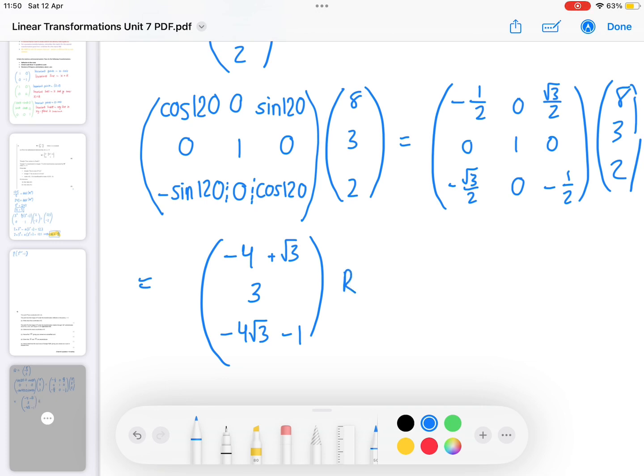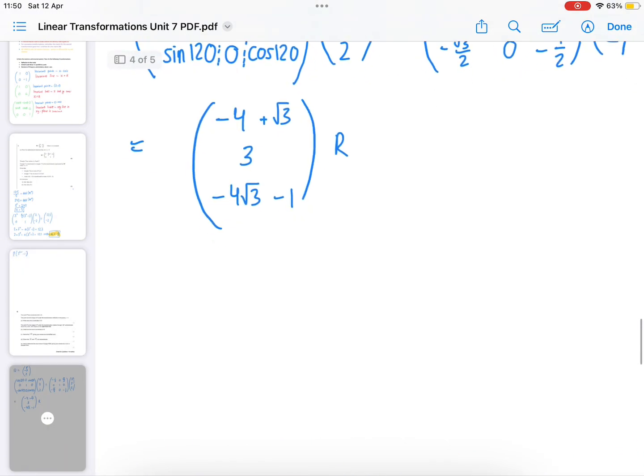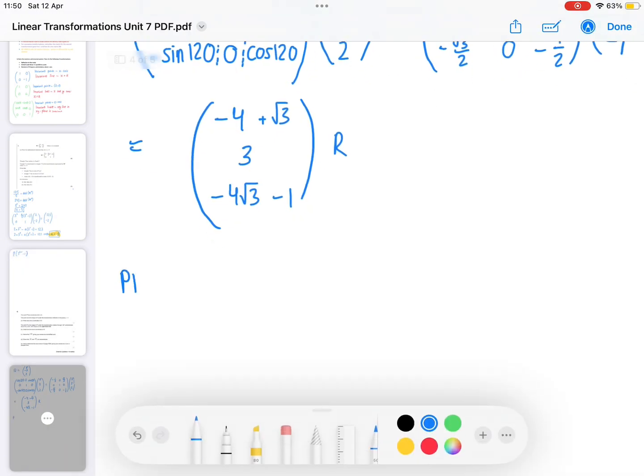And then for the next one, we've been asked to find the size of the vector P to R. So P to R is going to be, well, we're going from 8 to minus 4 plus root 3, so we're doing minus 12 plus root 3. There's going to be no change in the y direction, and then in the z direction we went from 2 to minus 4 root 3 minus 1, so we have minus 3 minus 4 root 3.